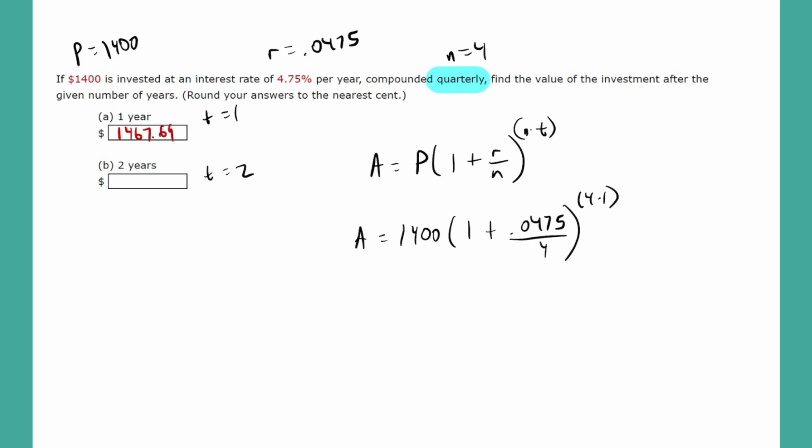And then if I change this t to a 2, that's going to be 4 times 2, which is 8. So let's do that. I'm getting 1,538.66. Oops, I put the comma in the wrong spot. It should be after the 1, not after the 5. And that concludes this section.